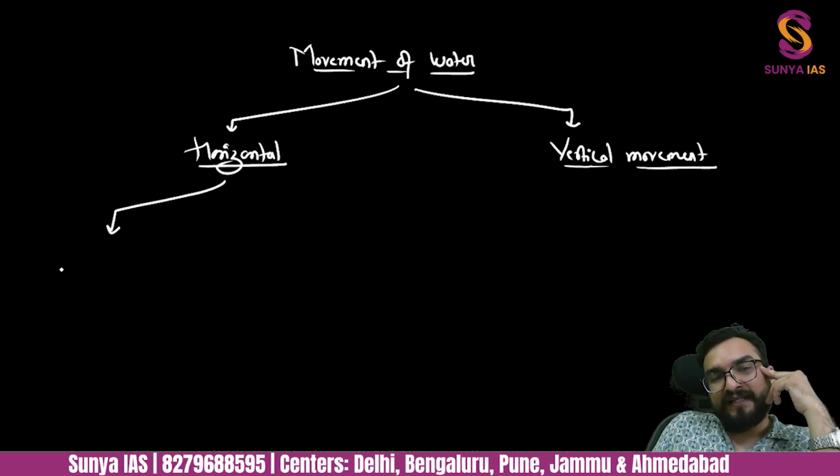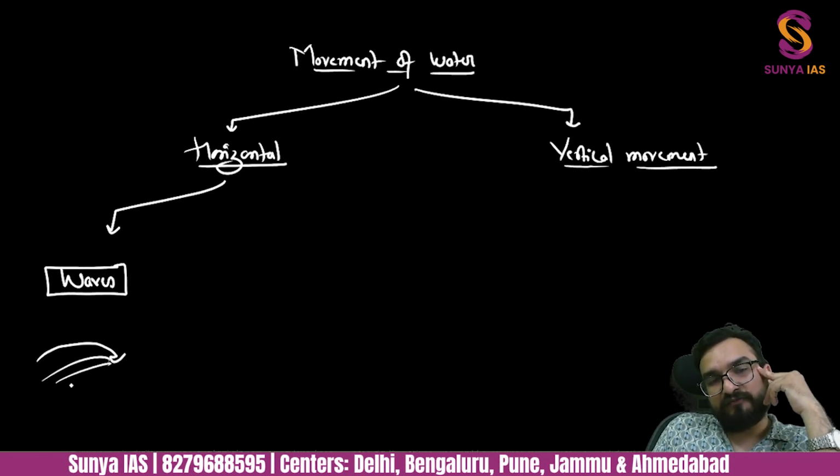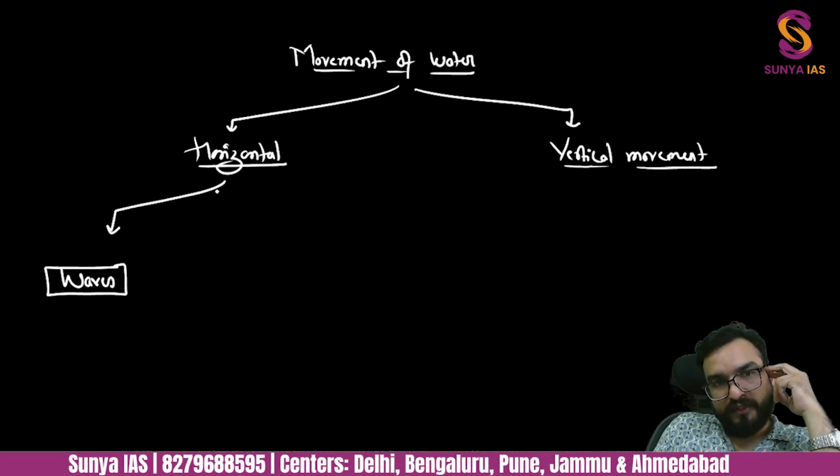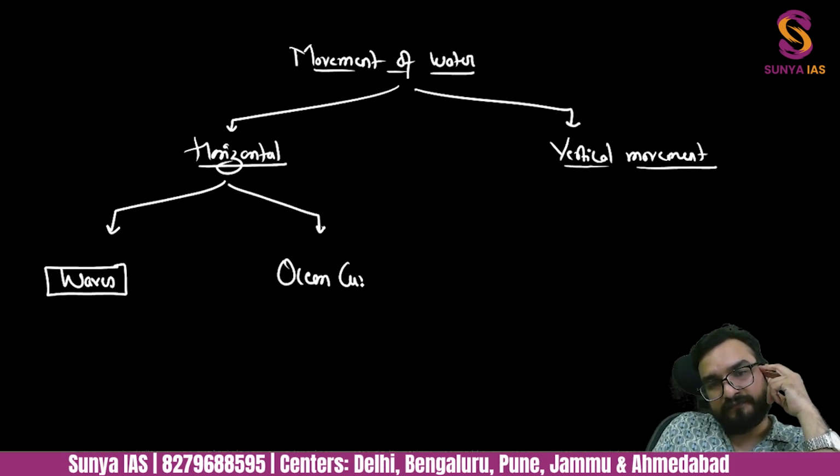You will see that waves are one kind of horizontal movement of water. Waves, in which you will see like this. You must have seen, right? Sea waves, ocean waves. But this is not our agenda today. Another horizontal movement which you will see is ocean currents, guys. And ocean currents we have to study.